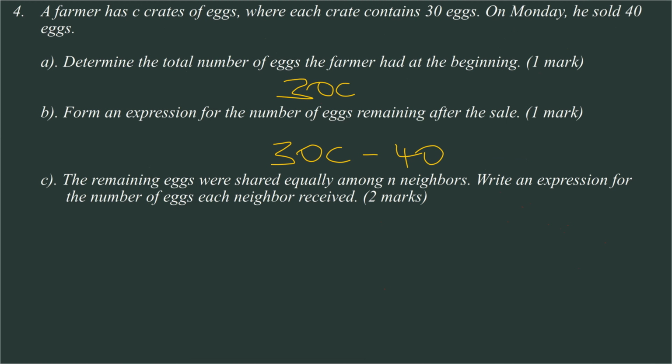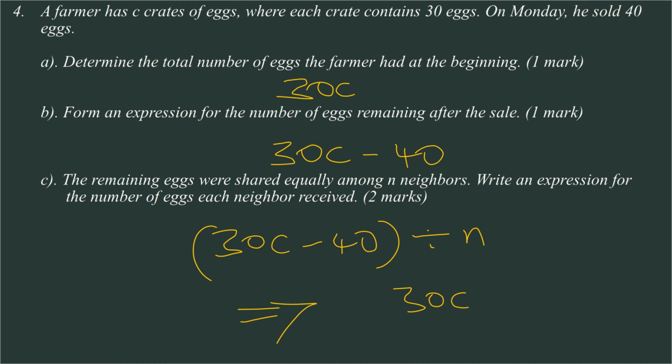The remaining eggs were shared equally among n neighbors. Write an expression for the number of eggs each neighbor received. The remaining were 30C minus 40, shared among n neighbors, so that will be 30C minus 40 in brackets, divided by n.